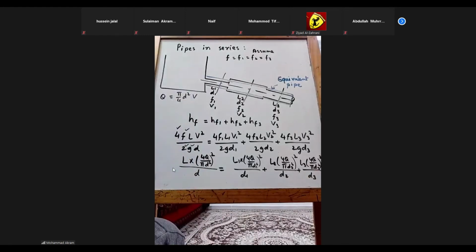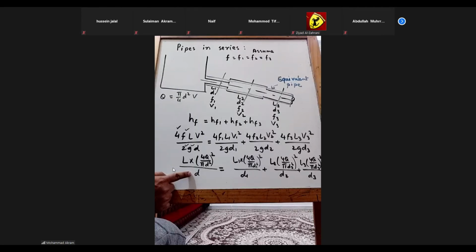What can I cancel now? The 4Q and pi. 4Q and pi squares will go down, right? So what will remain here? 1 over the square. Its square is also there, right? So it's 1 over the power 4, and here it is 1, so it will become d2 to the power 5.